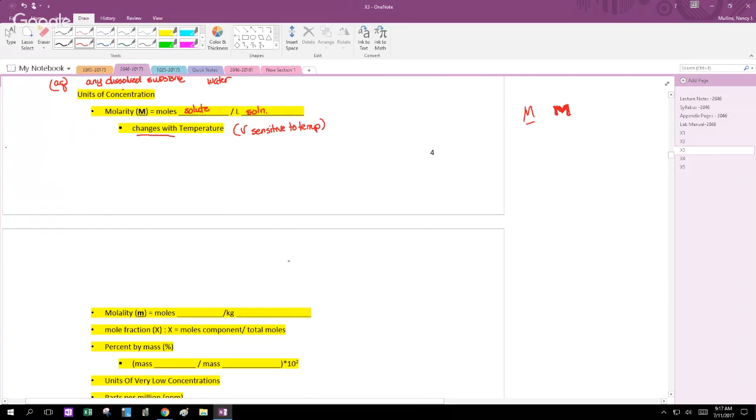Same thing for molality. Molality is moles of solute, now pay attention, per kilogram of solvent. He's a real weirdo. He's different from everybody else because he's the unit that doesn't care about the overall solution. He cares about the relative ratios of the things involved.